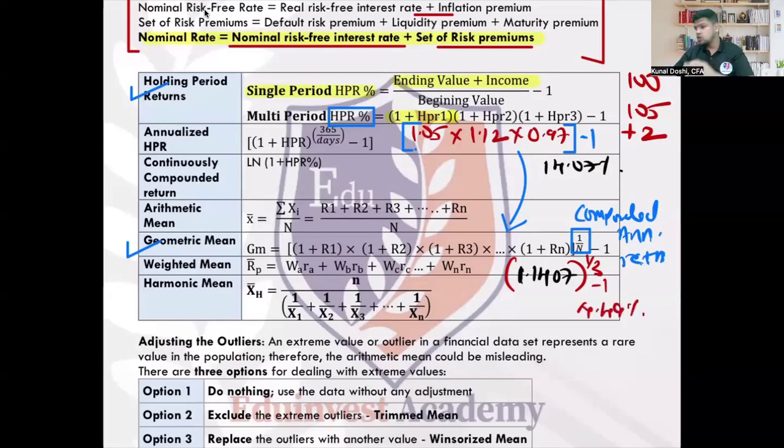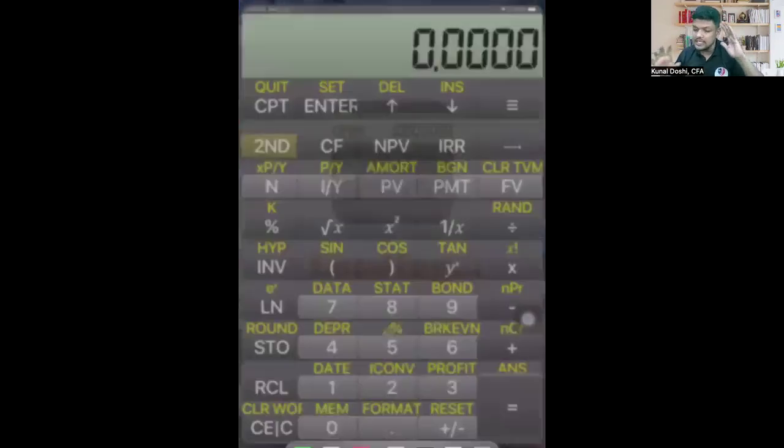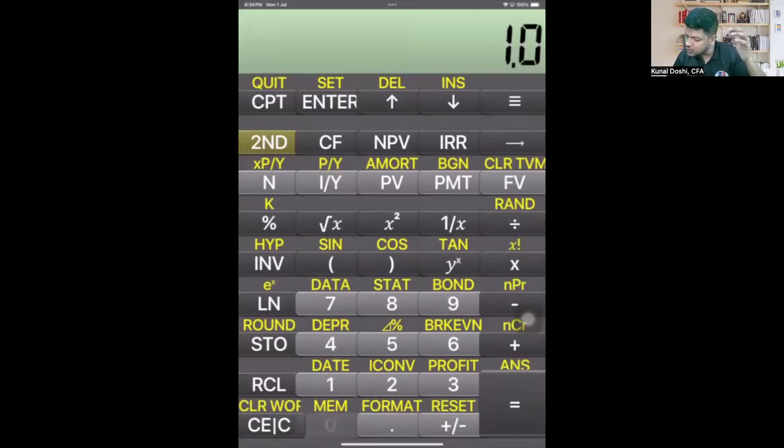I will now also show you on the calculator. How did I do this? Everyone with me? Everyone's got the answer. Those who have not got it, please watch it on the screen. Is my calculator visible? Yes, okay. So see this, the first year return was 1.05 times 1.12 times 0.97, right? So you have this on your screen, 1.14. Press YX. Now, where is YX? Just above 9.